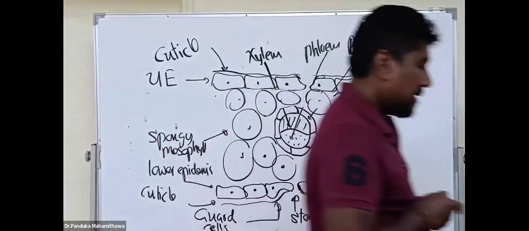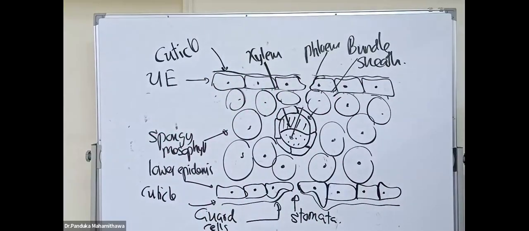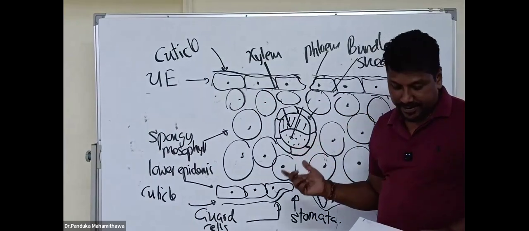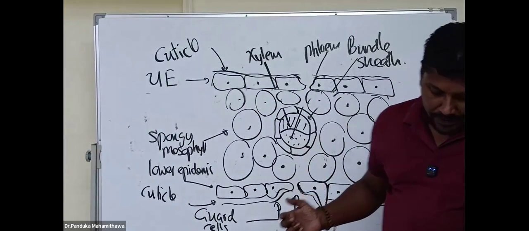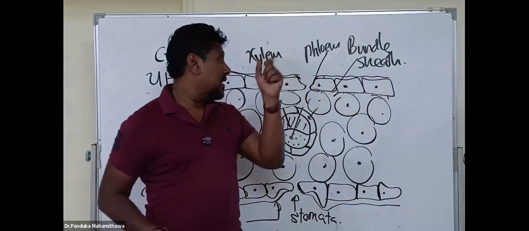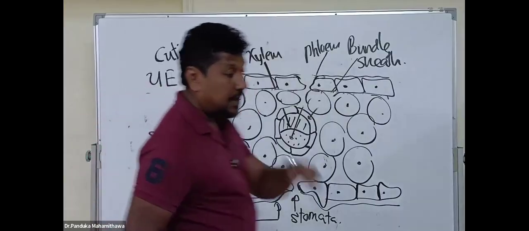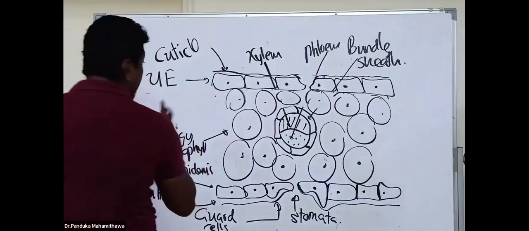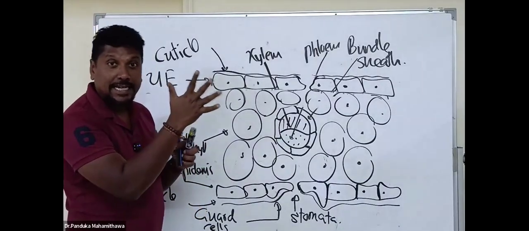So these are the differences in the monocot leaf. And the arrangement of veins: I told you in a dicot plant, the veins are arranged in a net-like venation.